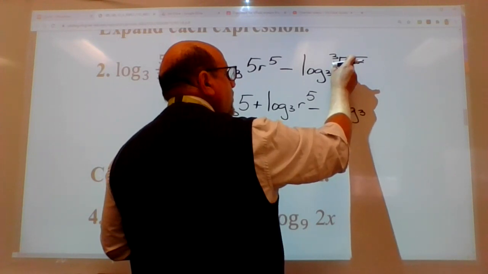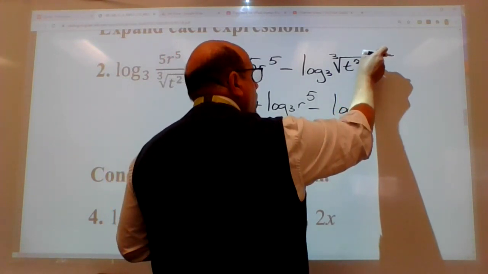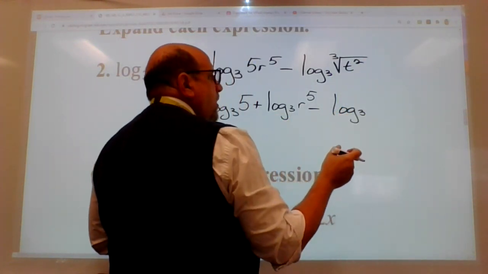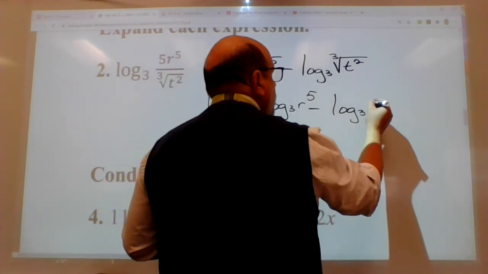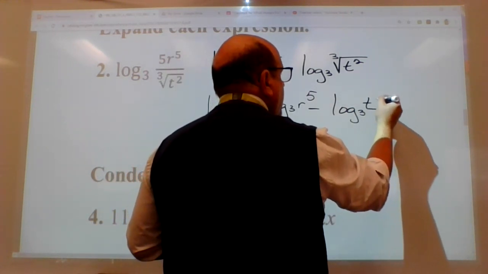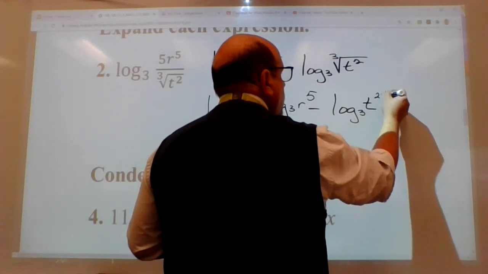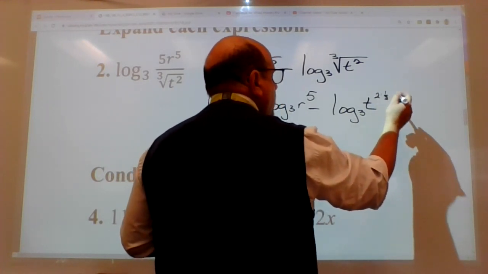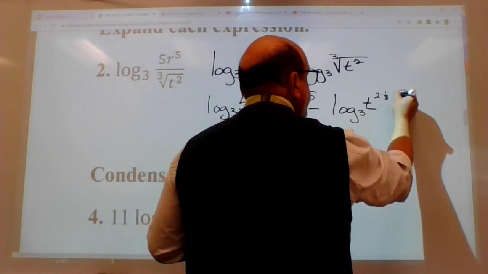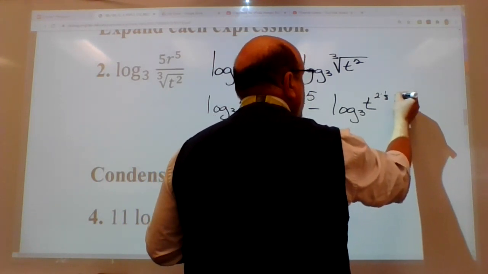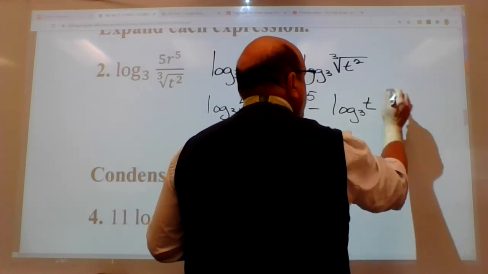Now this right here sort of helps us. We know that the cube root is really just a power of 1/3. So I'm going to rewrite that as t to the 2 times 1/3, which is actually just 2/3.